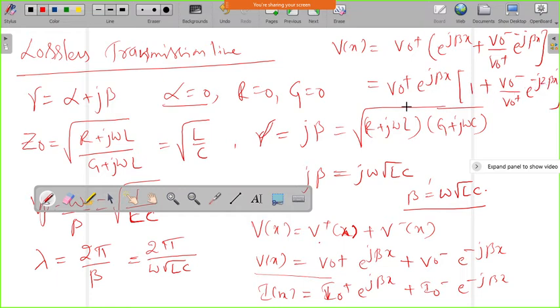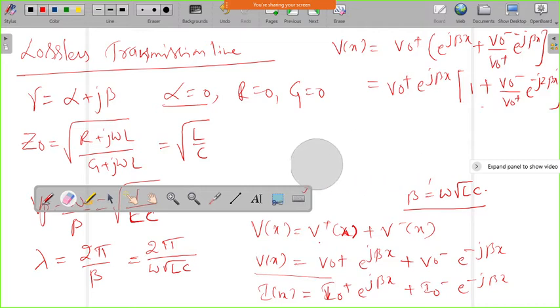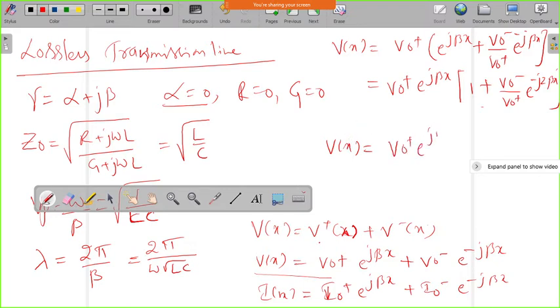Now we can write in general that V of x is V naught plus into e power j beta x into 1 plus, and this we can write as the reflection coefficient at any position x, which is nothing but gamma of x.